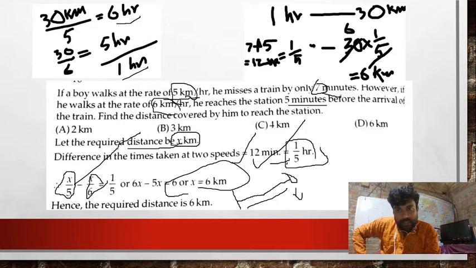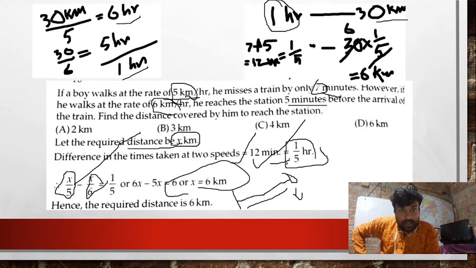Same way, but we just take a number, not x. So when there is a 1 hour difference, the distance is 30 kilometer.